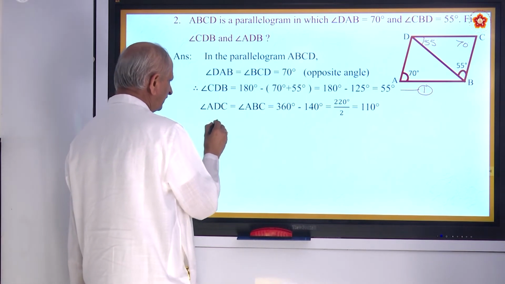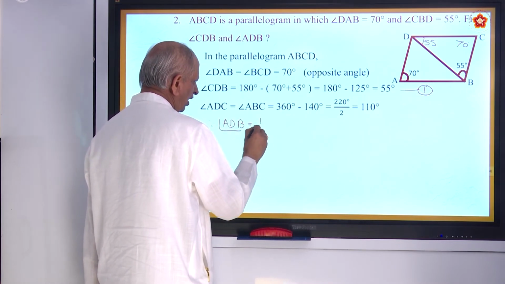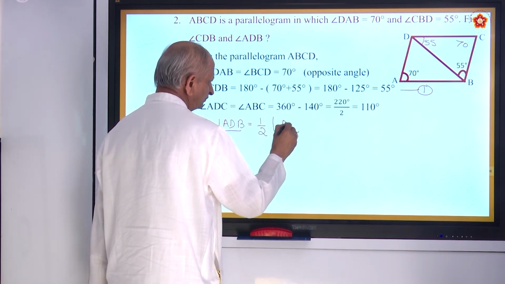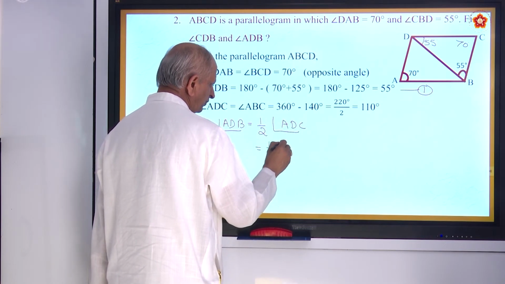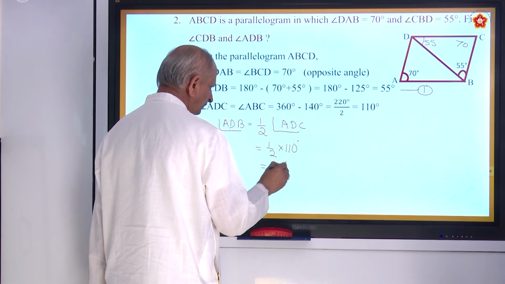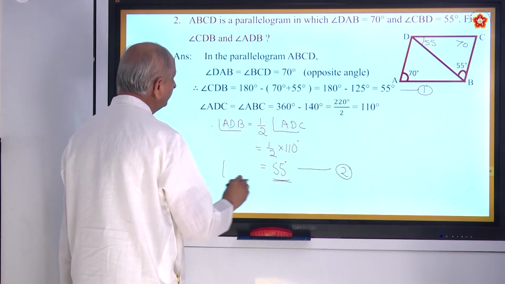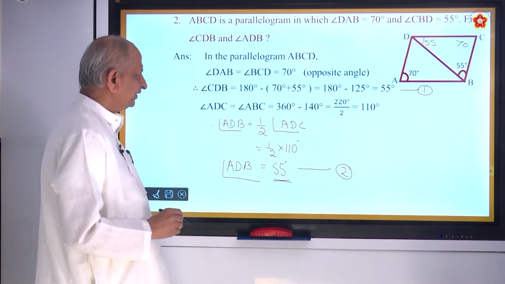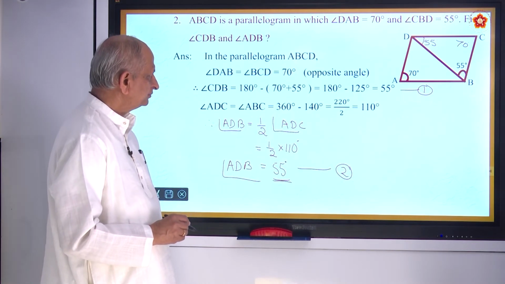So next step is angle ADB is equal to half of angle ADC, that is half of 110 degrees, that is 55 degrees. So this is the second answer. ADB is equal to 55 and CDB is 55. Is it all right?